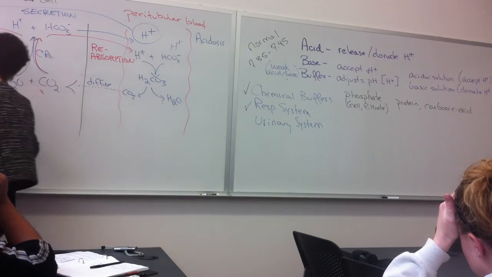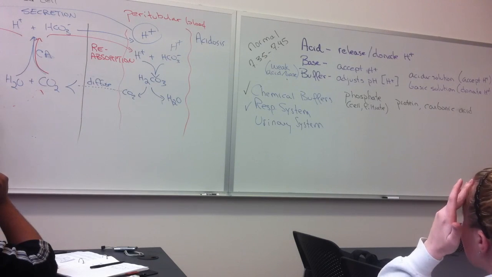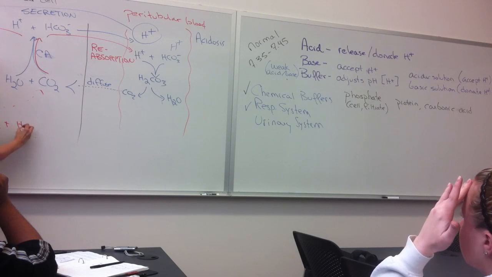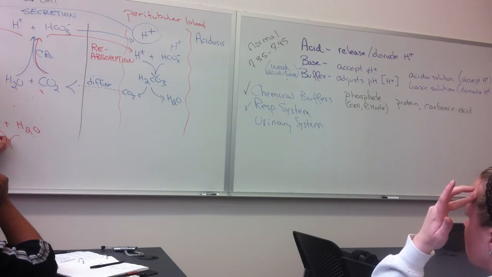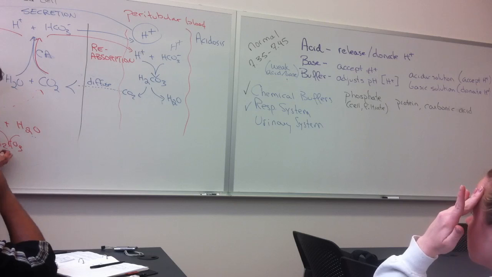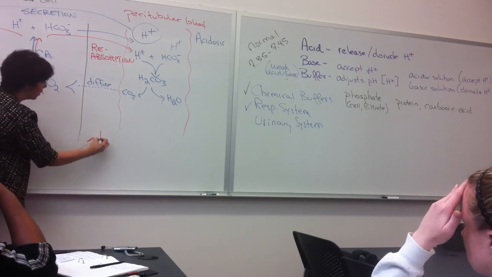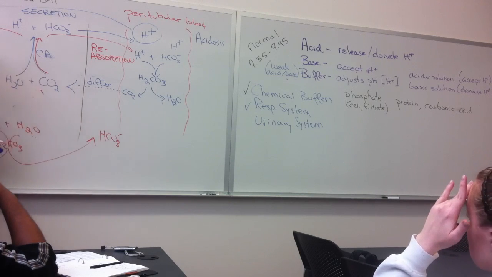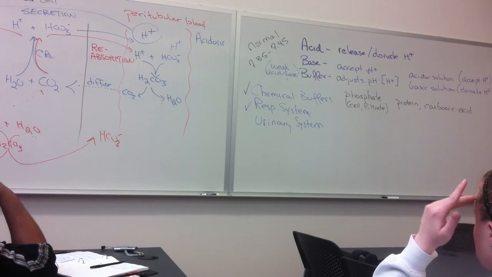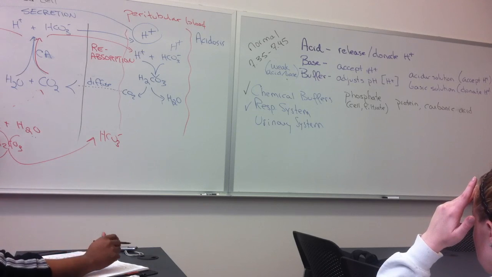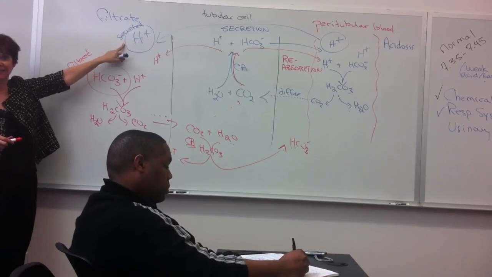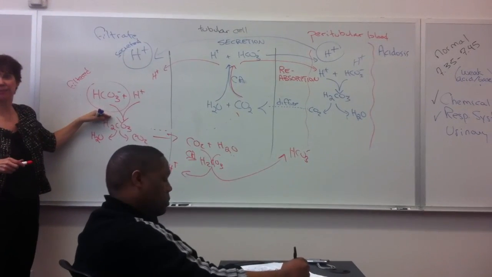So if I write that as a separate pathway, now our CO2 plus water forms carbonic acid. We send the hydrogen ion back here and put in a new bicarb. Okay? And we would use carbonic anhydrase to do that. So now we have double the effect. We've gained a new hydrogen and lost the bicarb.